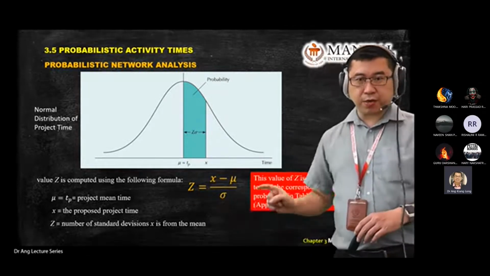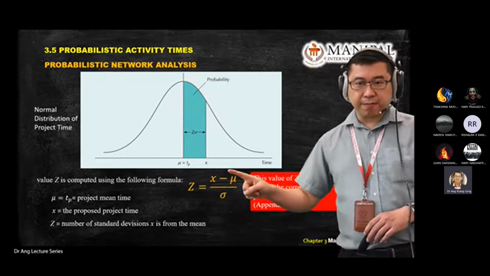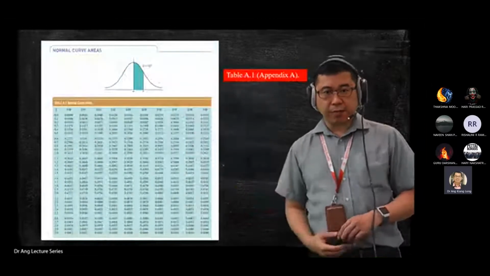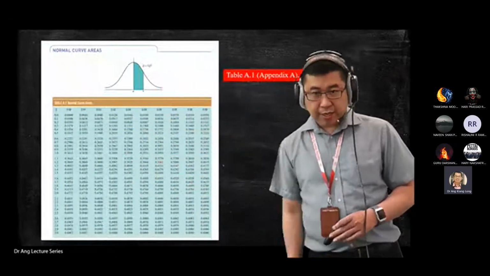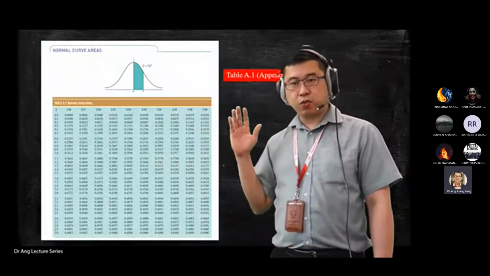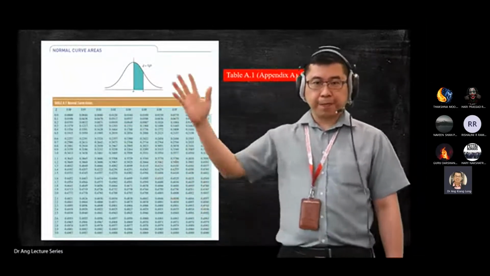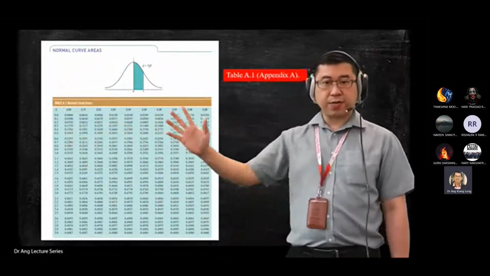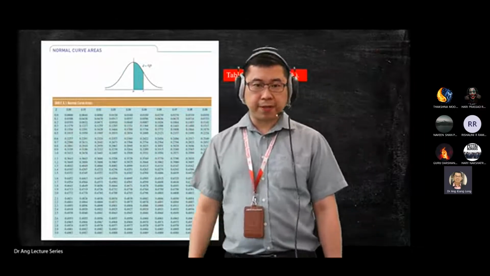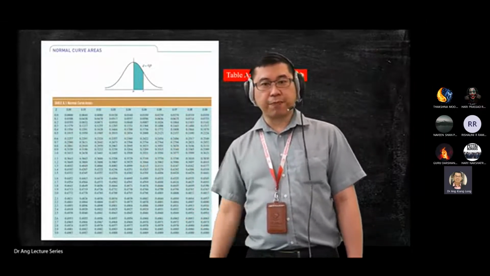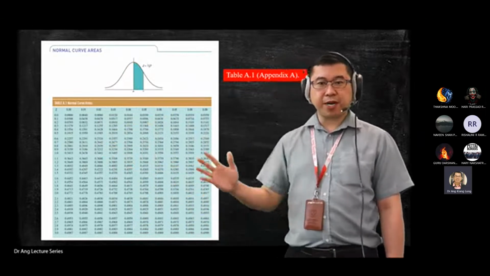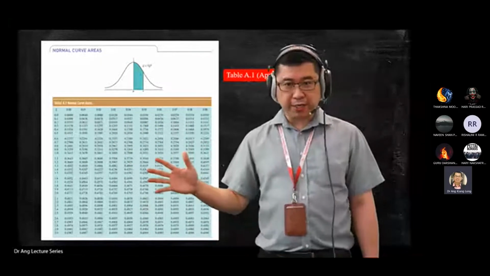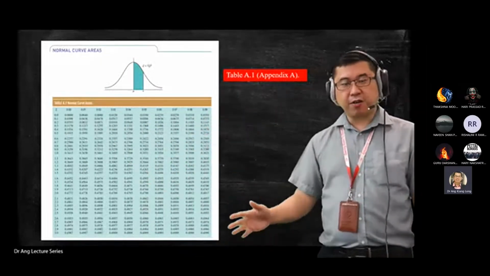So once you copy this equation, Z equals X minus mean divided by variance, we'll look at one example. You should have this chart by the time you're taking your Test 2 or final exam. You should have this chart standing by with you, or you will see it inside your question paper. Usually at the last page of your question paper, you will see the same chart. This chart you should have seen before in your mathematics, under the statistics or probability chapter.